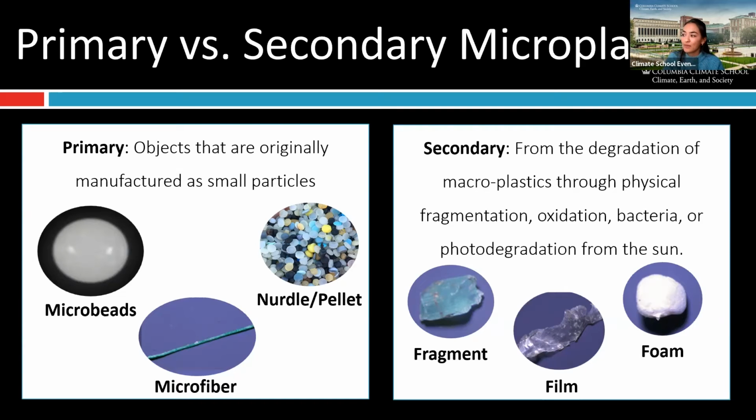And this can happen through physical fragmentation, such as if you have plastics that are in the ocean, waves crashing and breaking them up against the shoreline or rocks. You can have this degradation through oxidation. Bacteria can break them up or make these macroplastics more brittle into smaller pieces of plastic. Photo degradation from essentially the sun's UV rays.